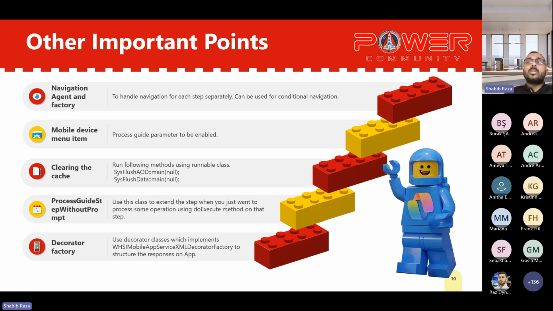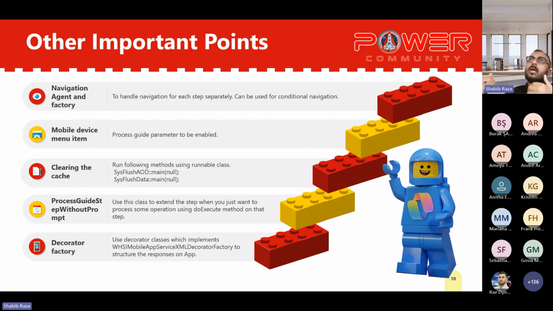First of all, navigation agent and factory. When I started working the first time on this mobile device with the new process guide framework, I used the navigation agent for each step. So you can define navigation agent for each step, but it is not mandatory.